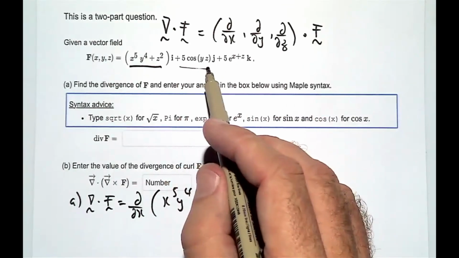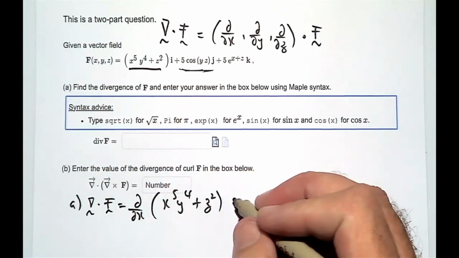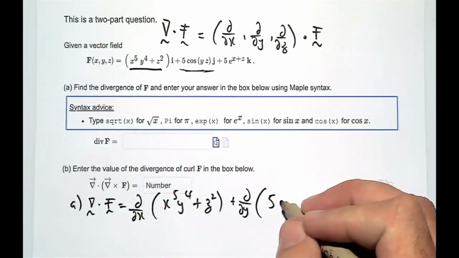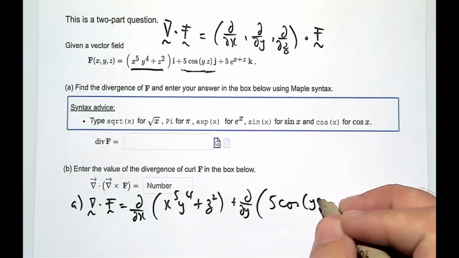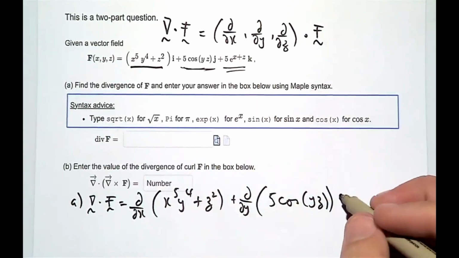And then that component, differentiate with respect to y. And the final component with respect to z.